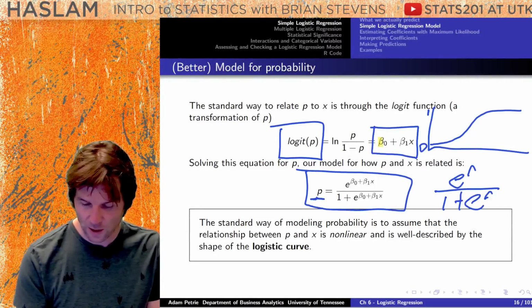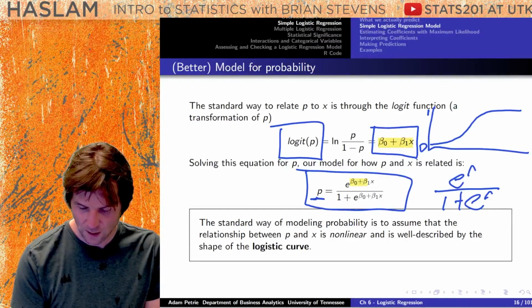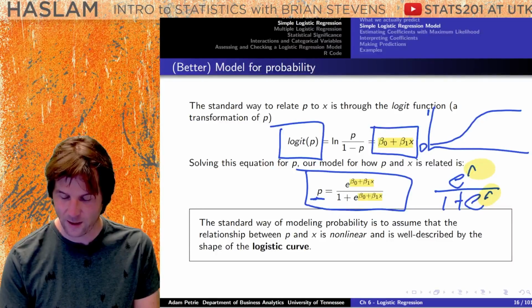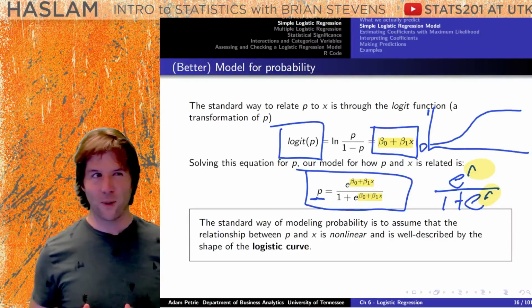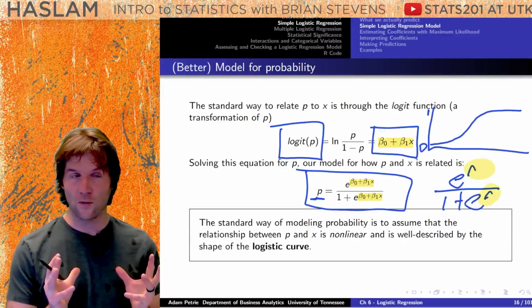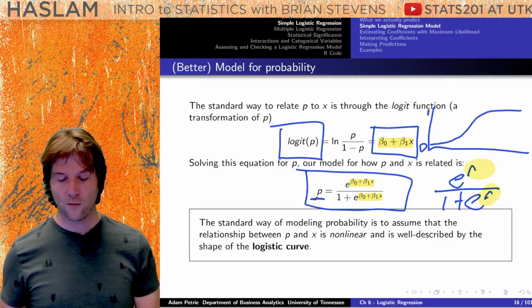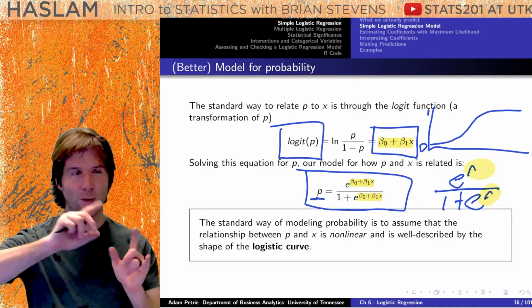Well, the regression equation is b0 plus b1x. There it is right there. So it's e raised to the regression equation over 1 plus e raised to the regression equation. There we go. That's the way I've memorized it. So you literally solve for the logit or the regression equation, same thing, and when you solve for that, you do e raised to that.